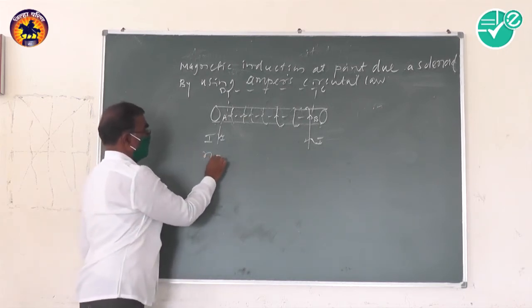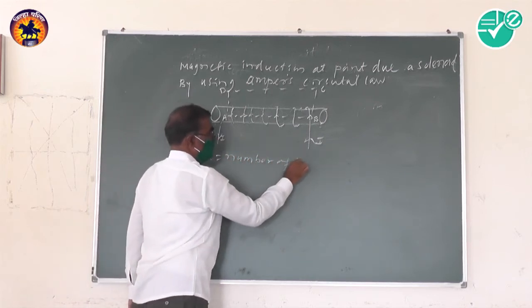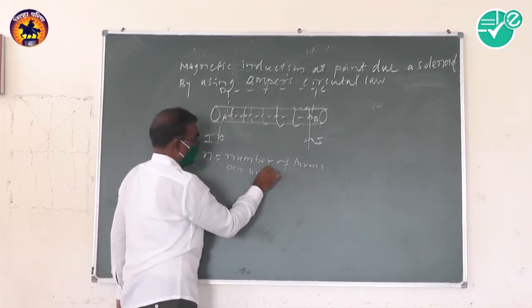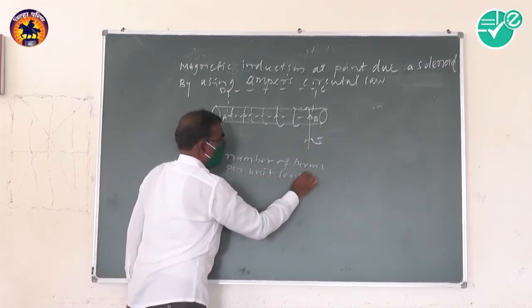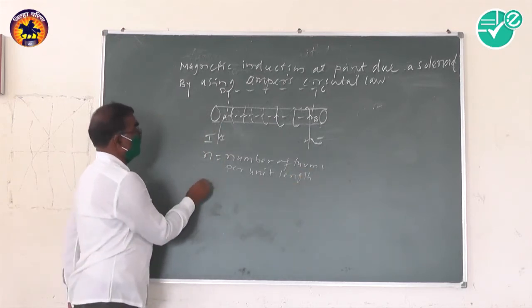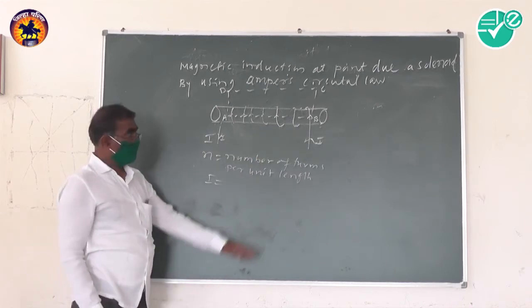n is the number of turns per unit length. I is the electric current in the solenoid.